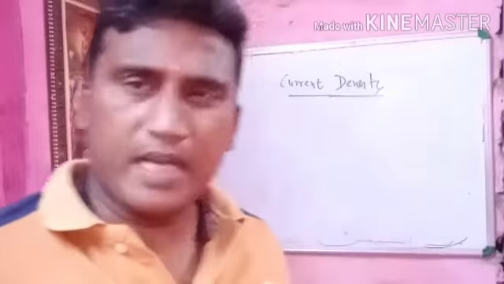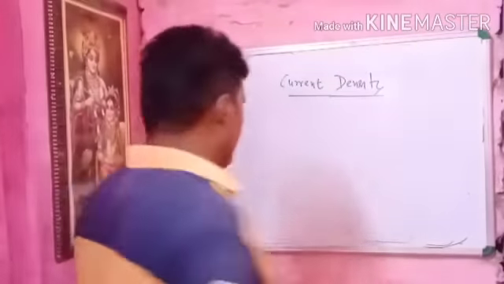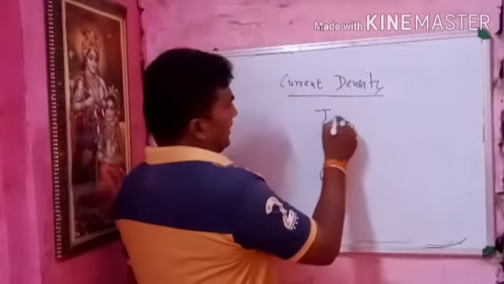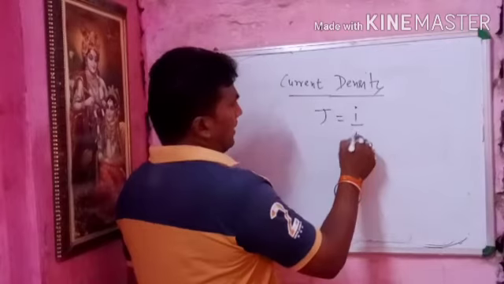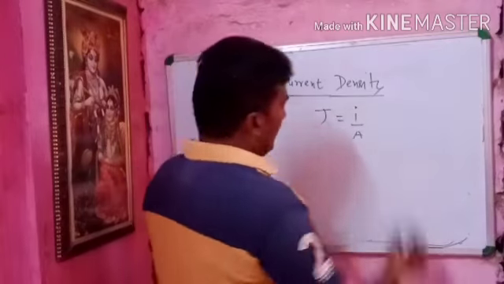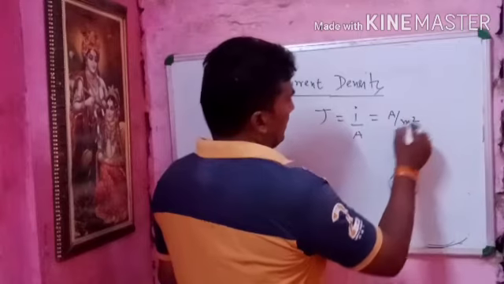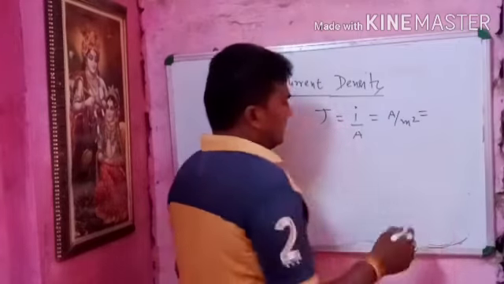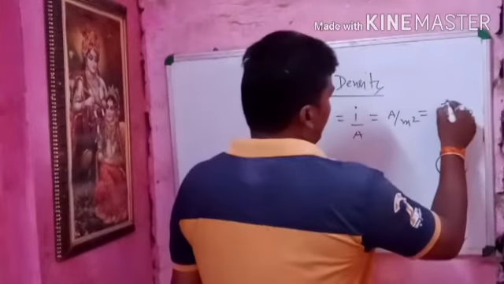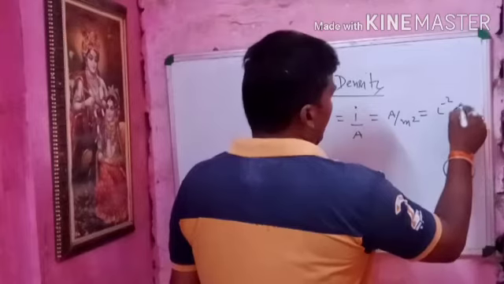It is represented by J. J is equal to I by A. The SI unit is ampere per meter square and the dimension is L to the power minus 2 A to the power 1.